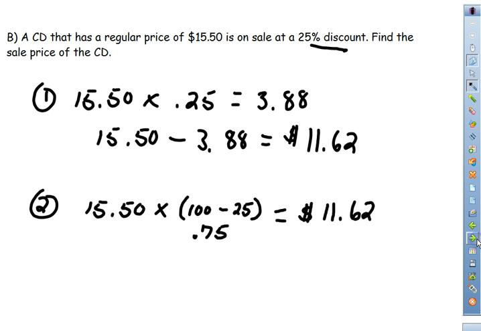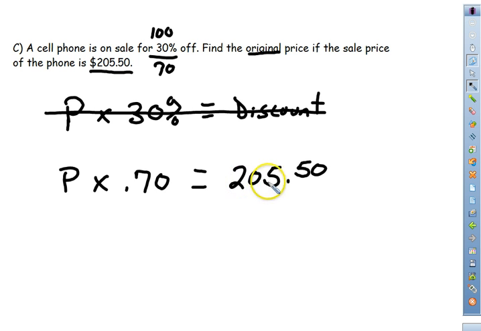Well, that's what we're doing over here. You're going to be taking the original price times what you're actually paying of it. So 70% of the original price is going to give me the actual amount.